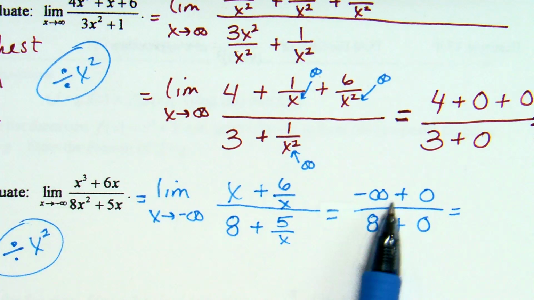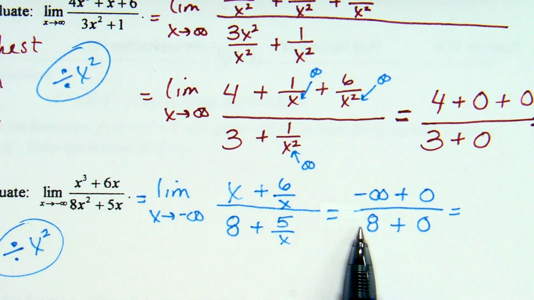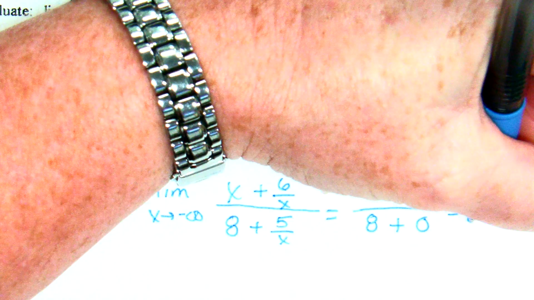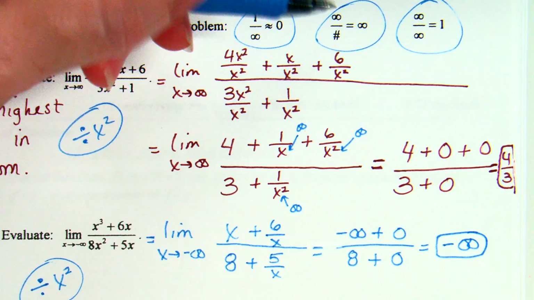When you get really small, does that 8 really matter? No. Just like when you get really big. 8 is a relatively small number. So this answer is negative infinity. And that's along the idea up at the top of infinity divided by a set number is infinity.